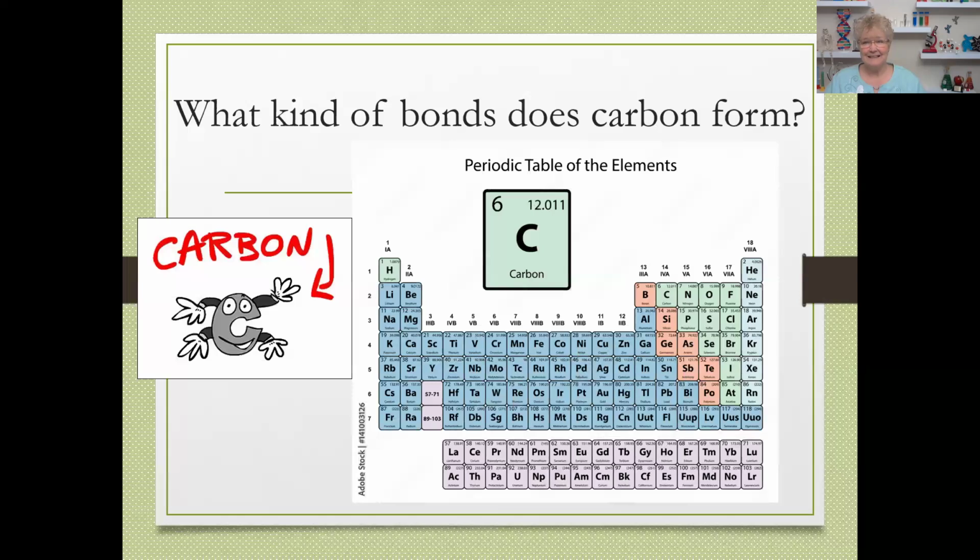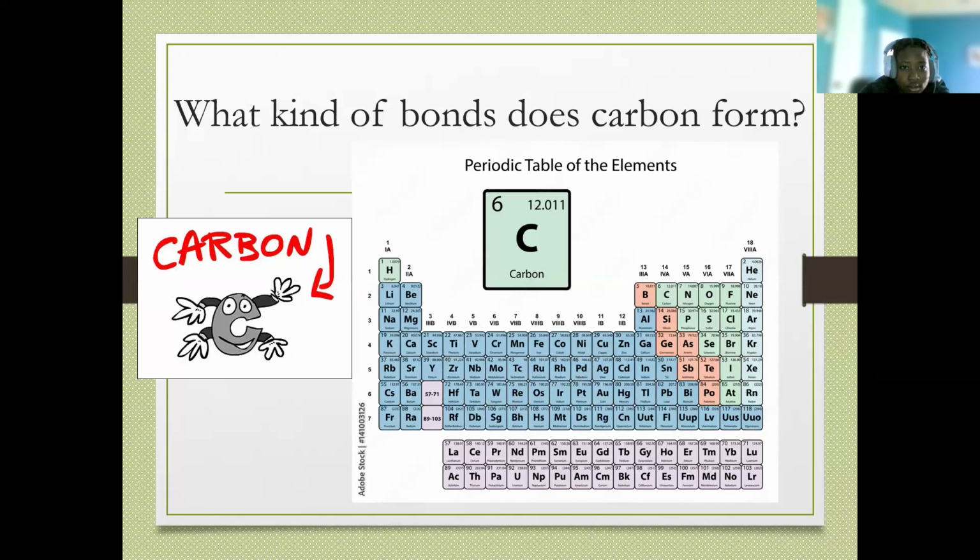Isa. Covalent? It forms covalent bonds, only covalent bonds. Remember, the carbon group has 4 valence electrons. They don't want to give away all 4. That would take a lot of energy. And they don't want to gain 4. That would take a lot of energy too. They want to share. And that's what they do in a covalent bond.